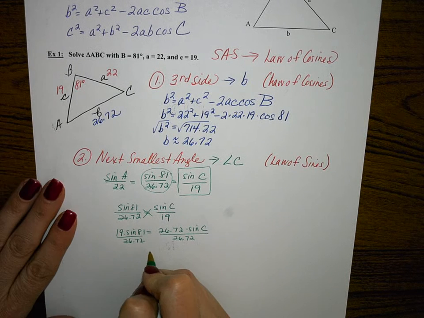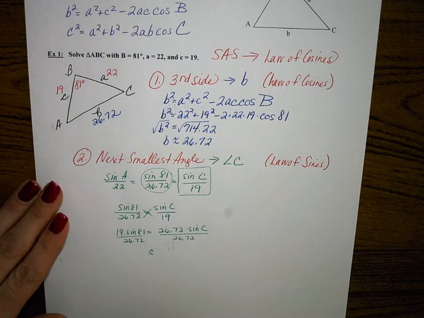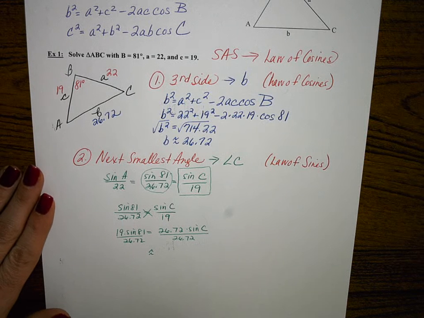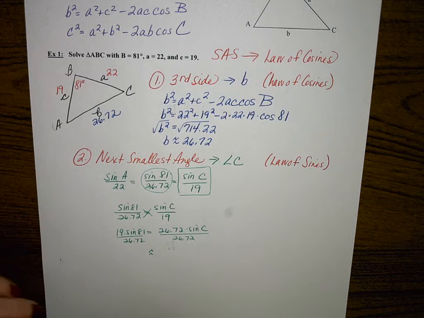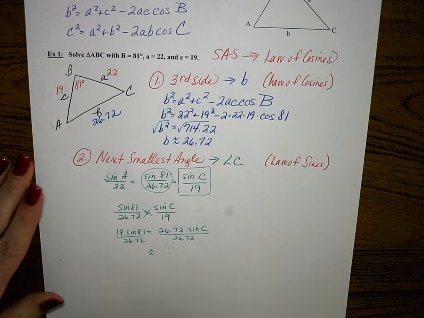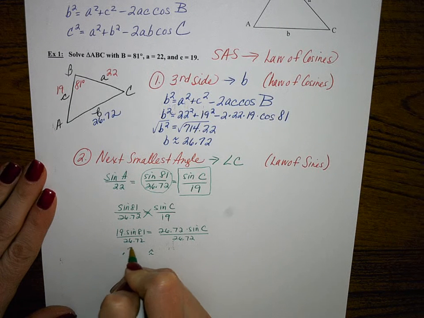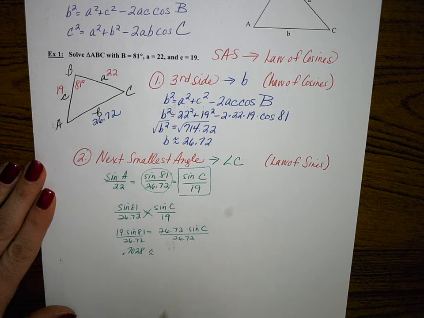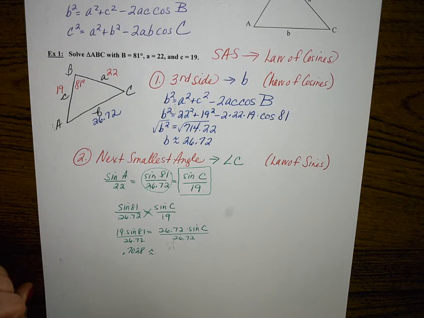What do we get approximately for that? I got about 0.7028, if that seems reasonable.